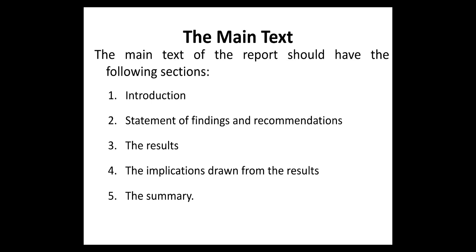And also the measurements we used in the report, we should give information about those measurements. And just now I told you that if the data is collected through a questionnaire, you should mention sample information.